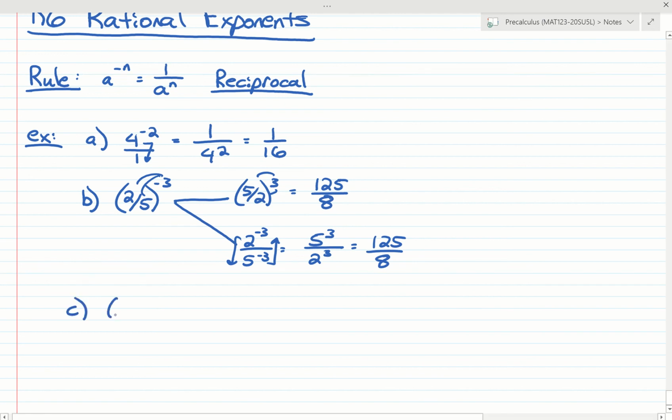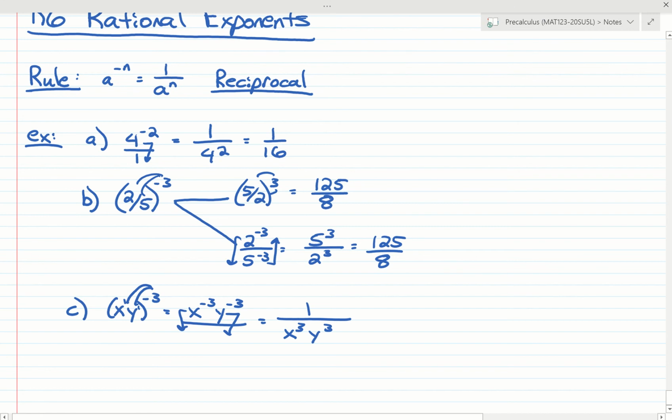What if we had x times y to the negative third power? We're multiplying, which means we could distribute. So this would be x to the negative third, y to the negative third, and then we could bring these to the bottom. So we would just get x to the third, y to the third on the bottom, nothing on top.